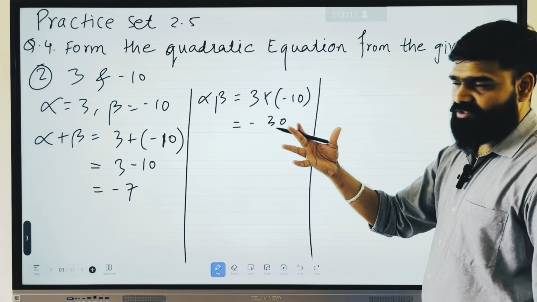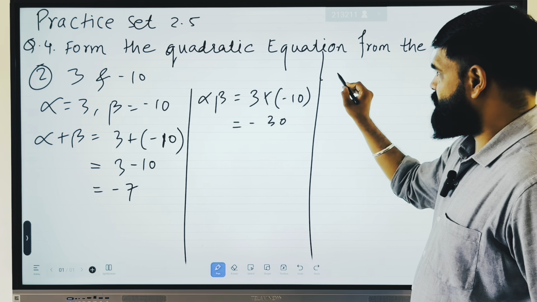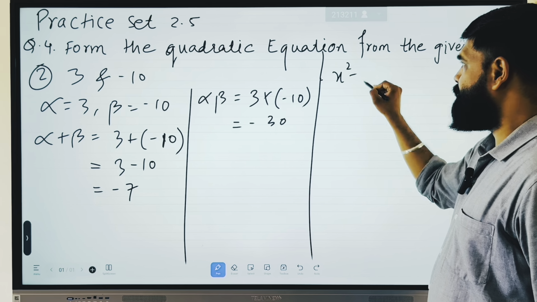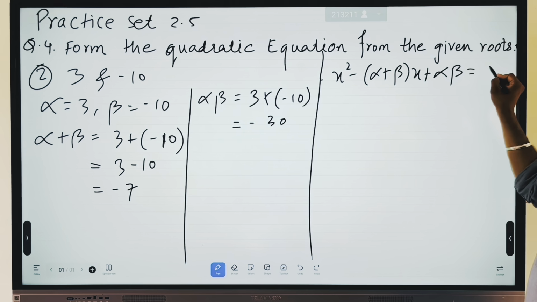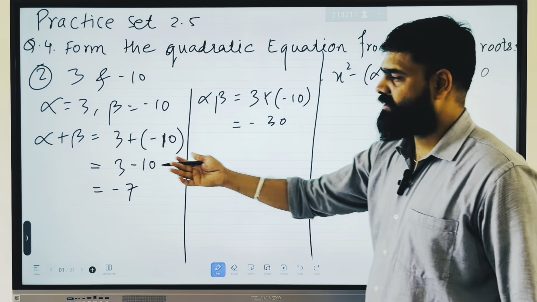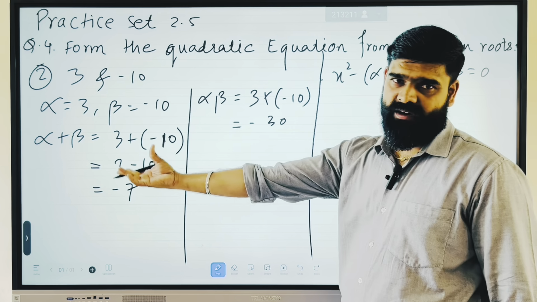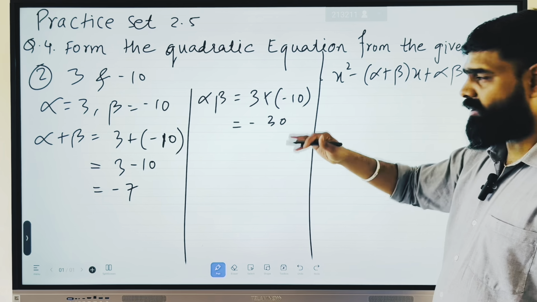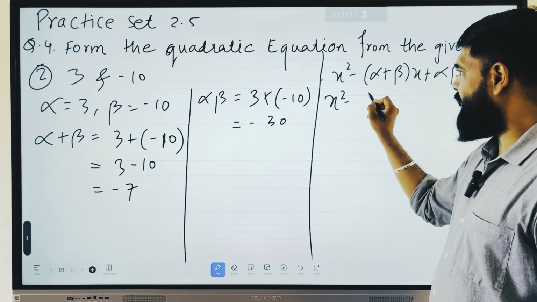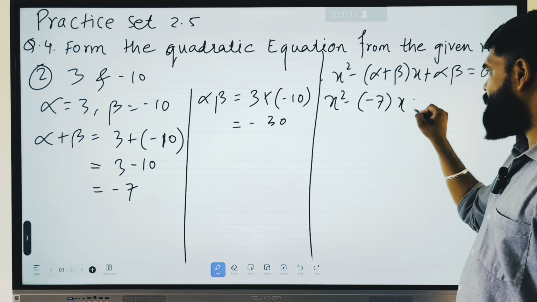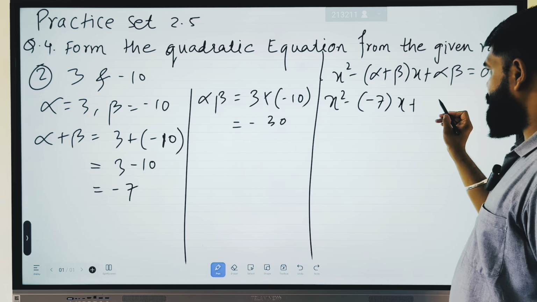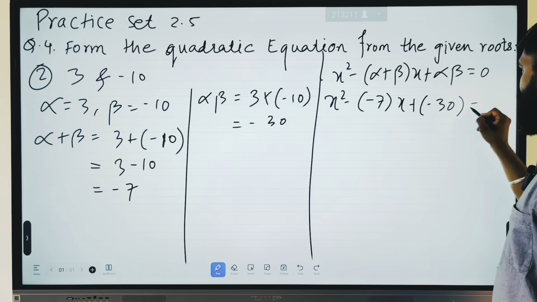We have to put these values into the formula. So x squared minus (alpha plus beta)x plus alpha into beta is equal to 0. This is the formula. You just have to put these values of sum of roots and product of the roots into this equation. So x squared minus (minus 7)x, and alpha into beta is minus 30, is equal to 0.